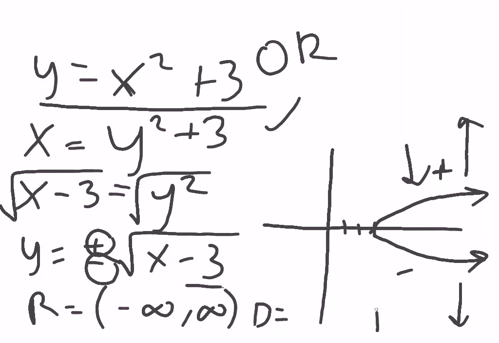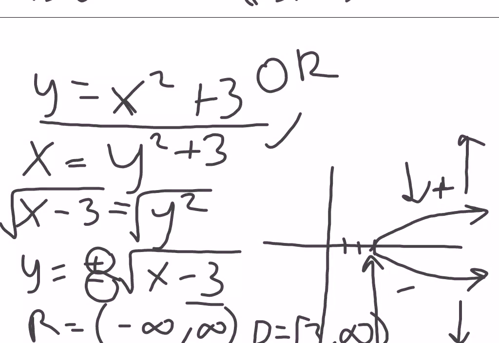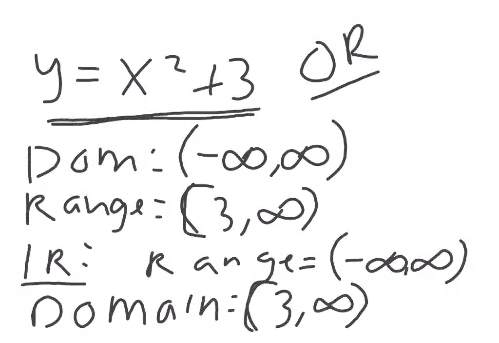Now what about my domain? It's not even starting on the x-axis until this point, until x equals 3. So it includes 3, it's defined on 3, but it goes all the way out to infinity. So that's my domain. Now let's check what we found up there. We said our range should be negative infinity to infinity, and our domain should be 3 to infinity.